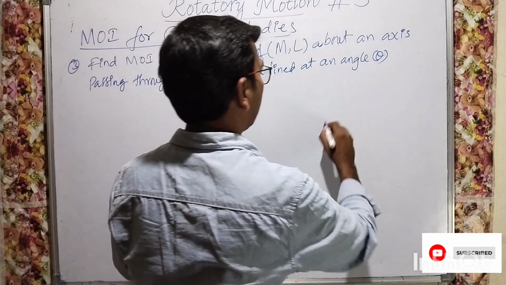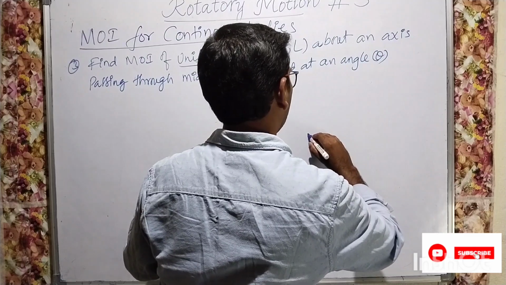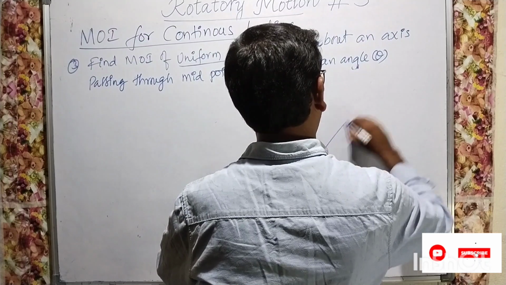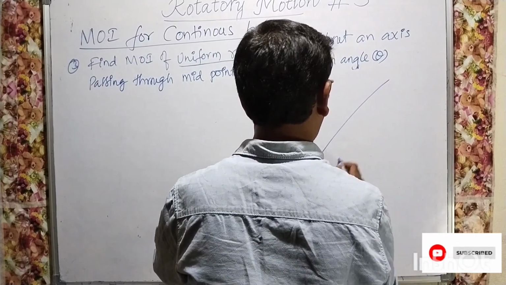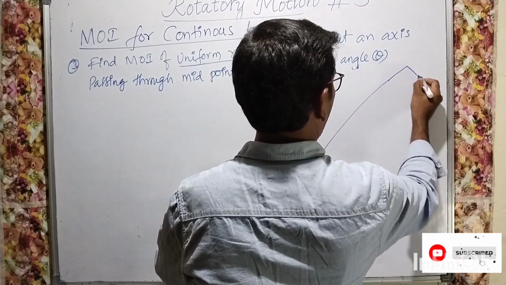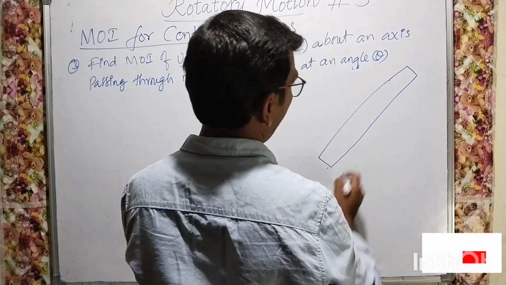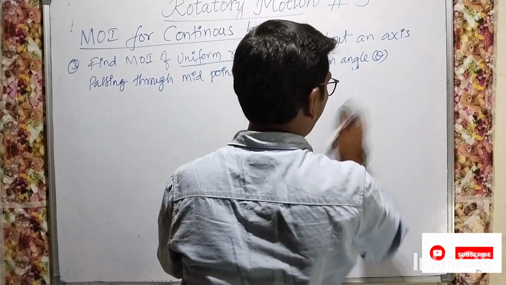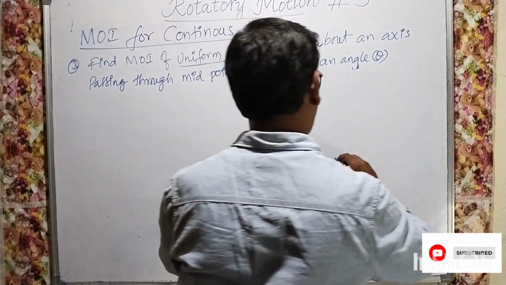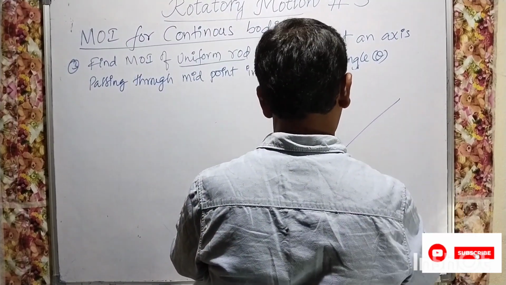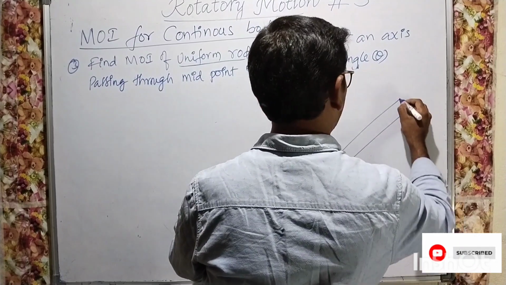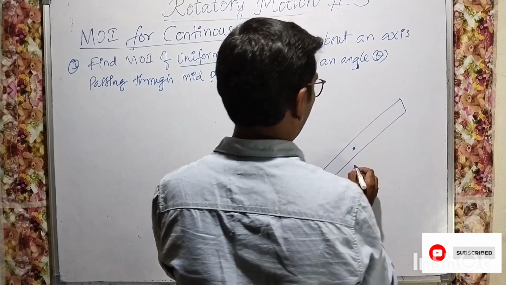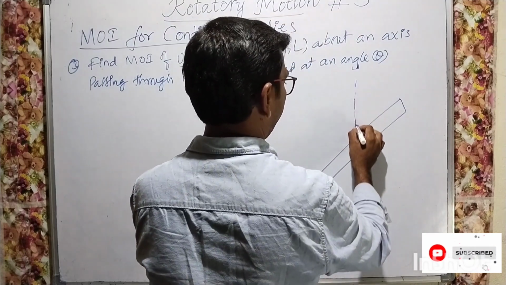So this is the axis. Here the rod makes some angle theta. So this is the axis of rotation.